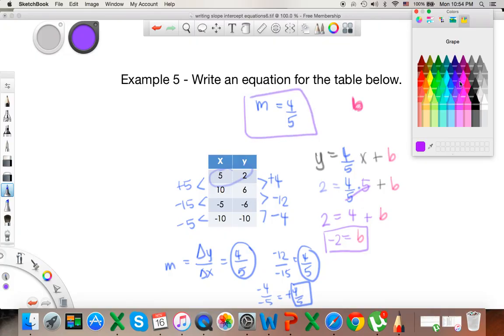I can go ahead and write my equation, which is y equals, slope is 4 over 5x plus -2. So y equals 4 over 5x minus 2.